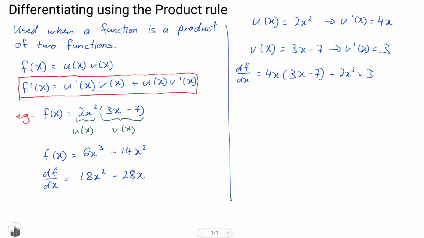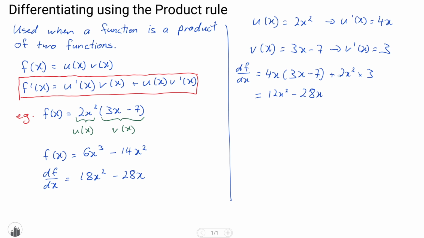Okay, at the end of the day, really we're done at this point, but we can't just leave it like this. We need to tidy it up a little bit, right? So let's tidy this up. By that I mean just simplify the whole thing. So we get 4x times 3x, that'll give us 12x squared. 4x times negative 7 gives us negative 28x.